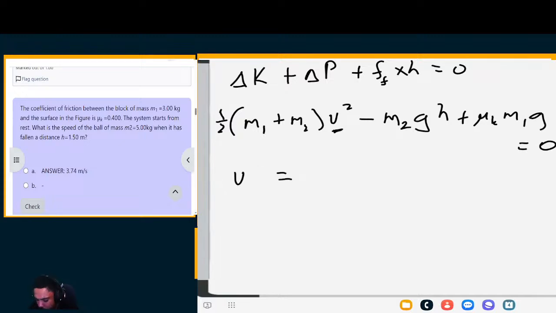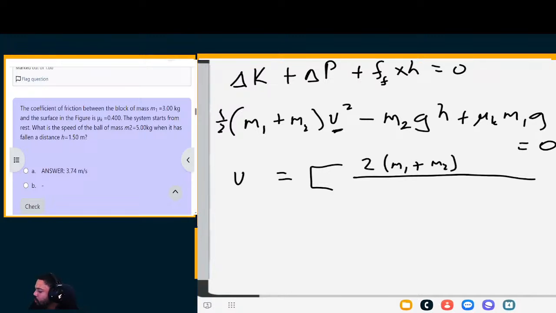So v would be equal to, and you can go and check this, v is going to be equal to 2 times m1 plus m2 minus mu k m1 g.